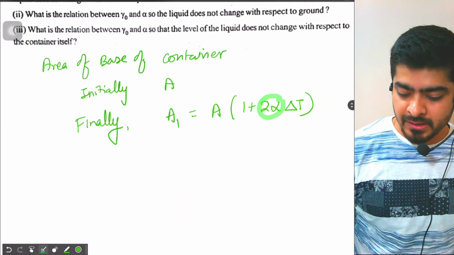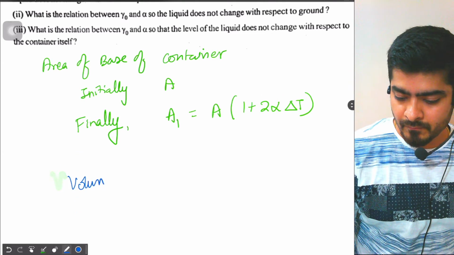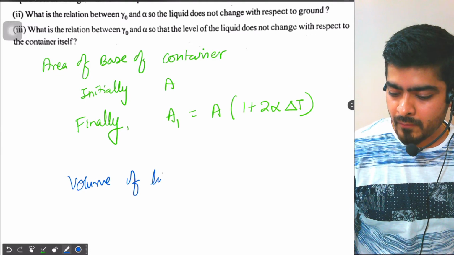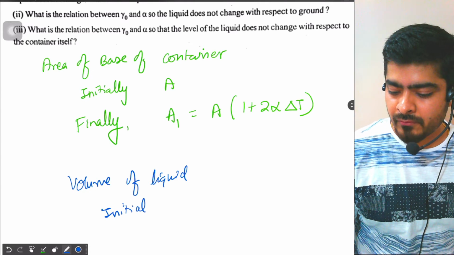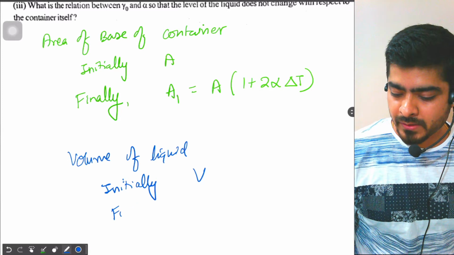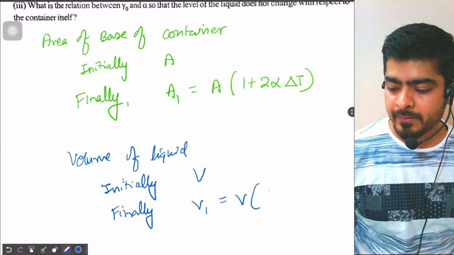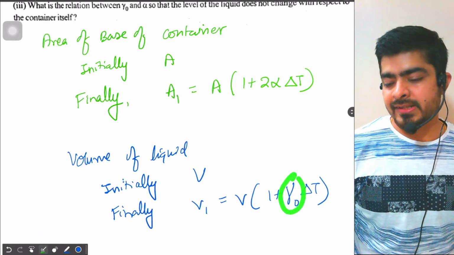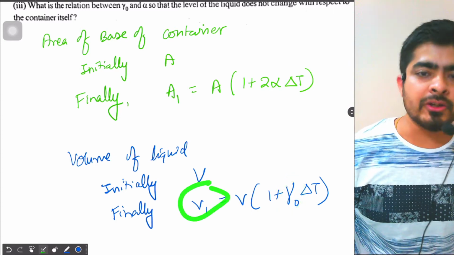Similarly, when we talk about the volume of liquid, let's say that the initial volume is V, so the final volume will be V1 equal to V times 1 plus gamma naught delta T. The coefficient of volume expansion for the liquid is gamma naught, so this is the new volume at the new temperature.